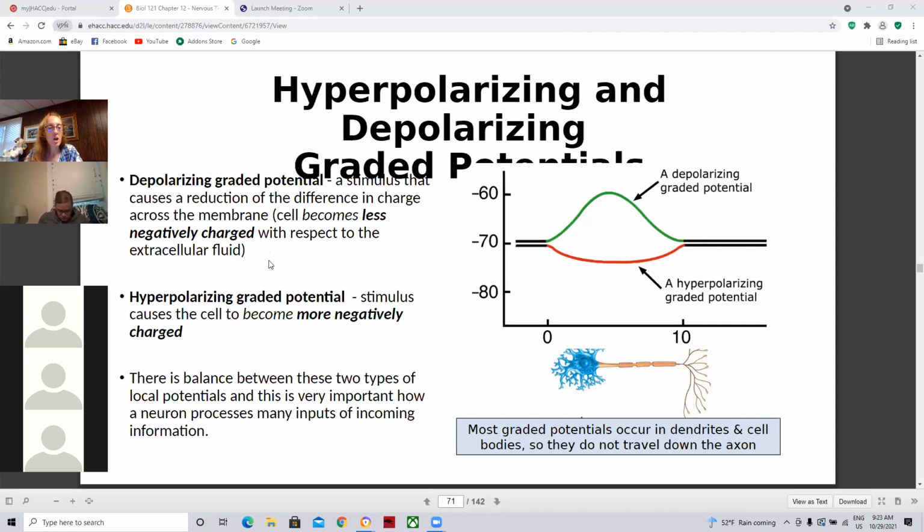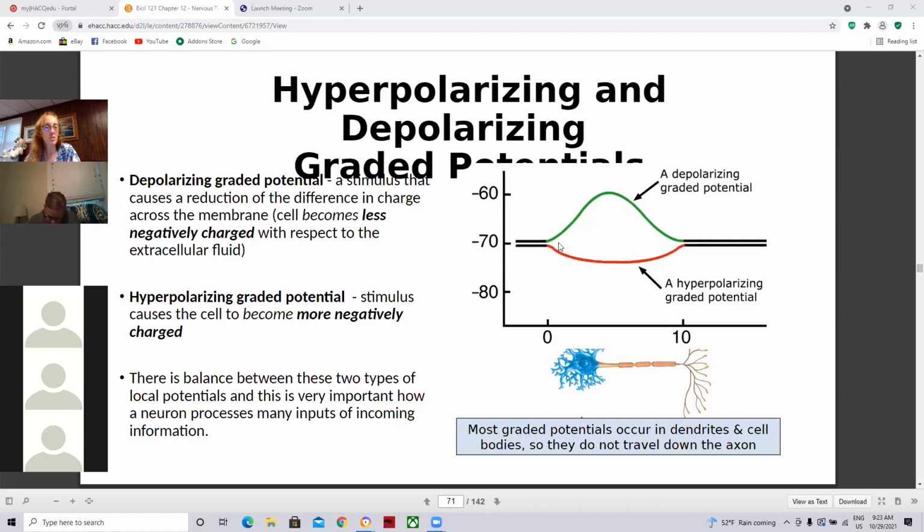Hyperpolarizing means that the stimulus causes the cell to become more negatively charged. Rather than have it be negative 70 millivolts, it's going to be negative 75 or negative 72.